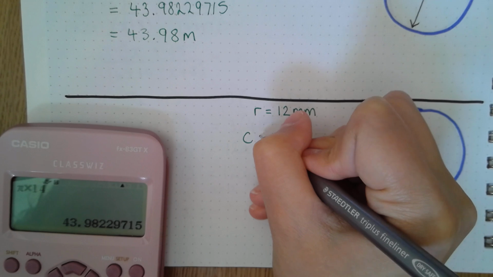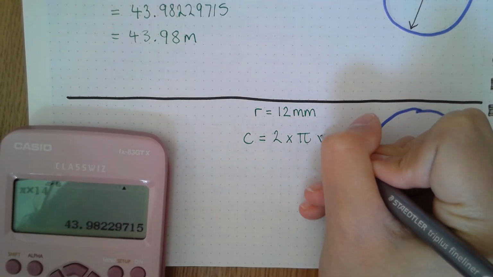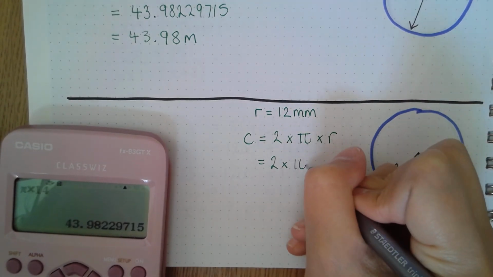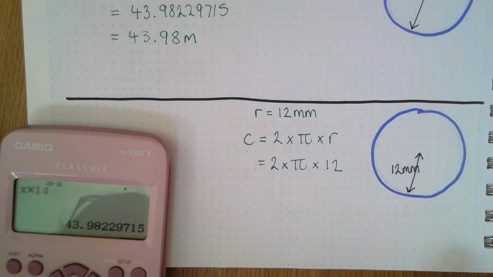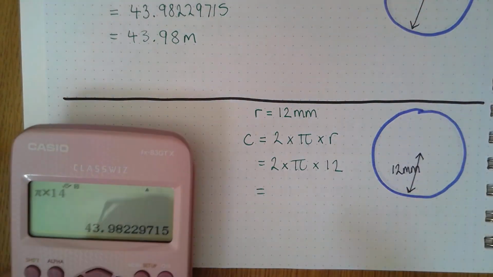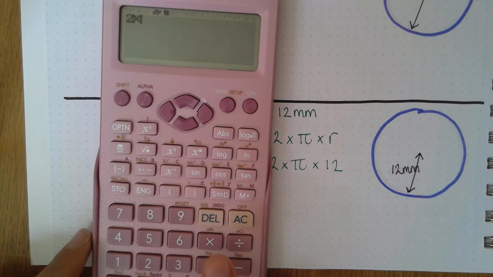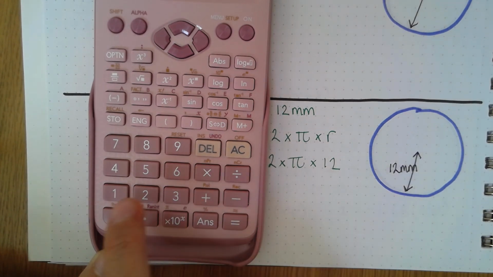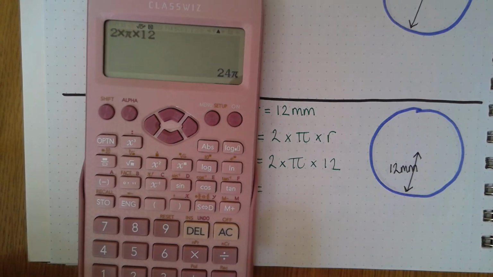So C equals 2 times pi times R. We know the 2 stays the same, the pi stays the same, and the R is 12 because that's our radius. We can then just type that in our calculator. So 2 times shift pi button times 12 equals 24 pi.